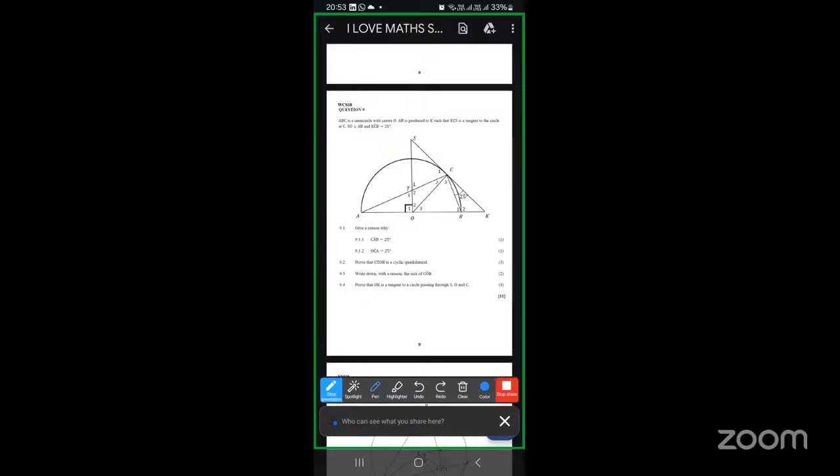Okay, so you remember we said A and C2 is 25 degrees, right? So that would mean that ACO, AO1 and 2, would equal 180 degrees because of angles in a triangle, right?